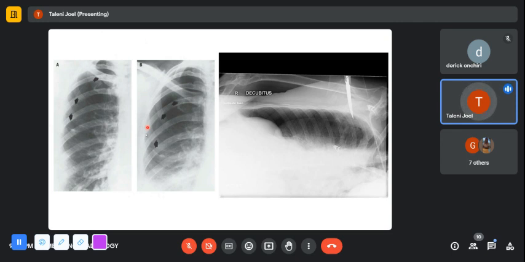The image to the right is showing the appearance of a pneumothorax on a decubitus X-ray. So this is our visible pleural line, the collapsed lung, and above that we have this lucent space without any bronchovascular markings.